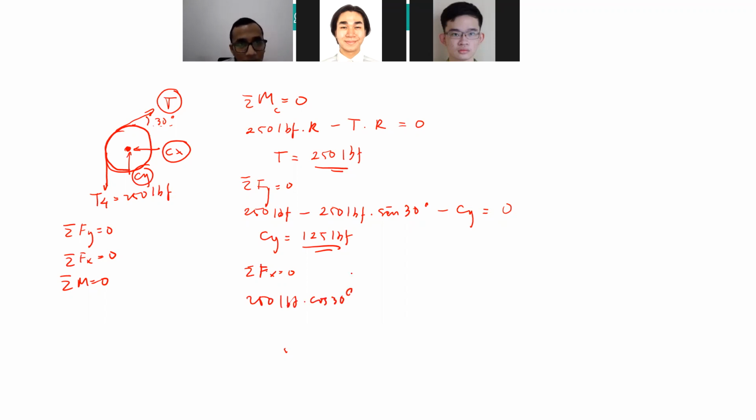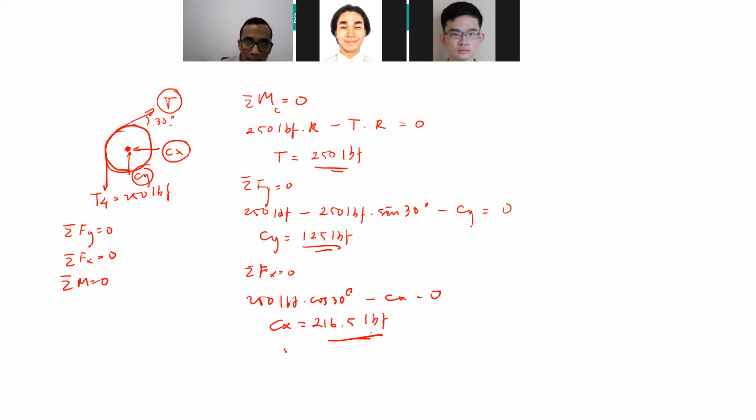What else? Minus Cx equal to 0. So Cx is 250 cos 30. What is the value of that? 216.5 lbf. That's it. You solved everything there.